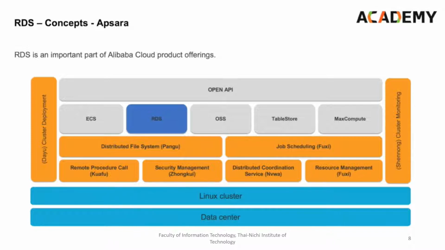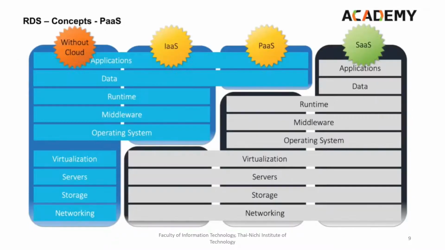This distributed file system of Pangu houses products like ECS, RDS and OSS. RDS is one among the services, and this will connect to the user through the APIs which we have. So this is the architecture of how RDS is placed in the Alibaba Cloud data center.